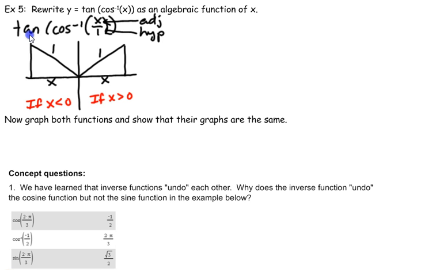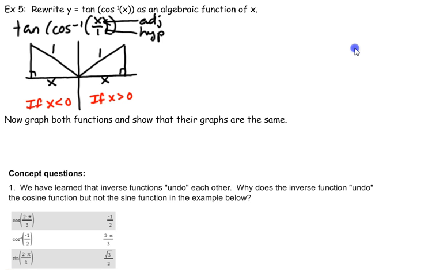Now I want to find tangent. Well, in order to find tangent, I need to know the opposite over adjacent, so I need to know what this opposite side is. And so I'm going to use the Pythagorean theorem. I know that x squared plus this unknown side squared has to equal 1 squared. So I'm going to call the unknown side, I'll call it b, like this is a and b and c, for example.